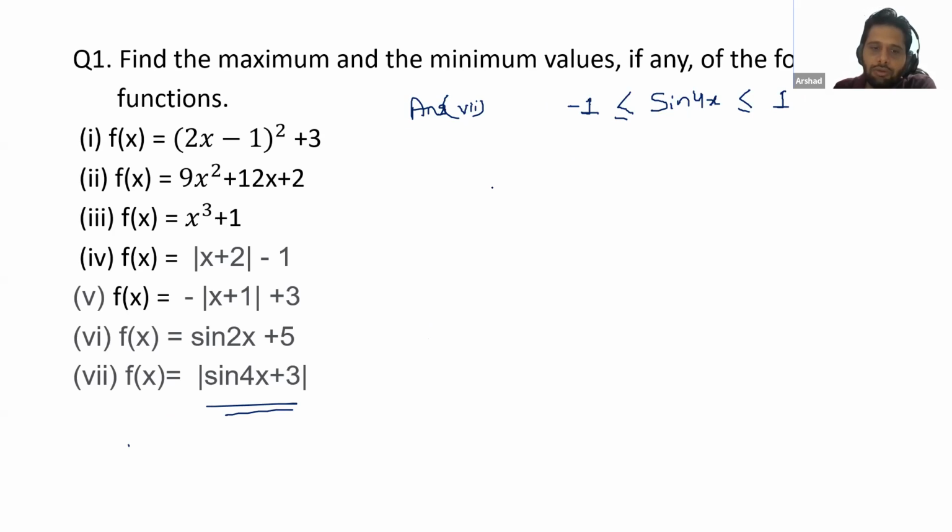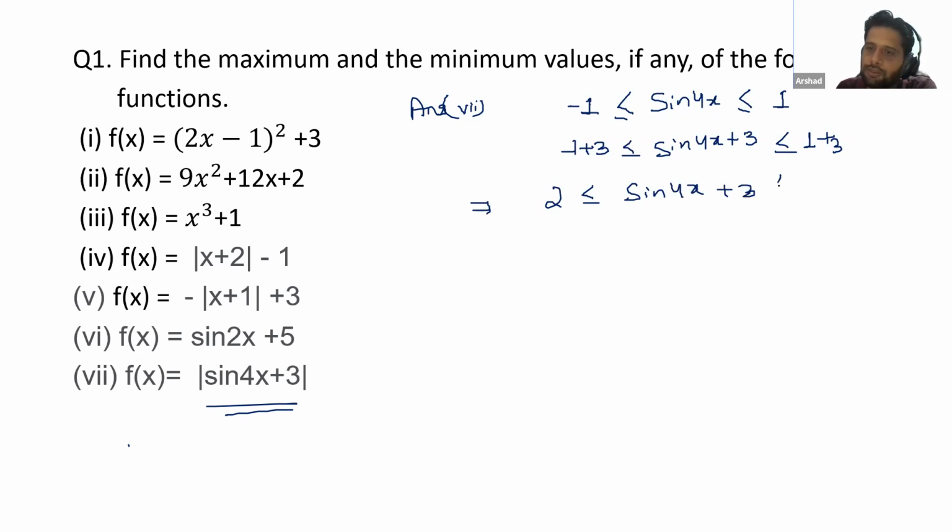As per the question, we also need plus 3. So -1 plus 3 is less than or equal to sin 4x plus 3, less than or equal to 1 plus 3. Here we will get 2 less than or equal to sin 4x plus 3 less than or equal to 4.